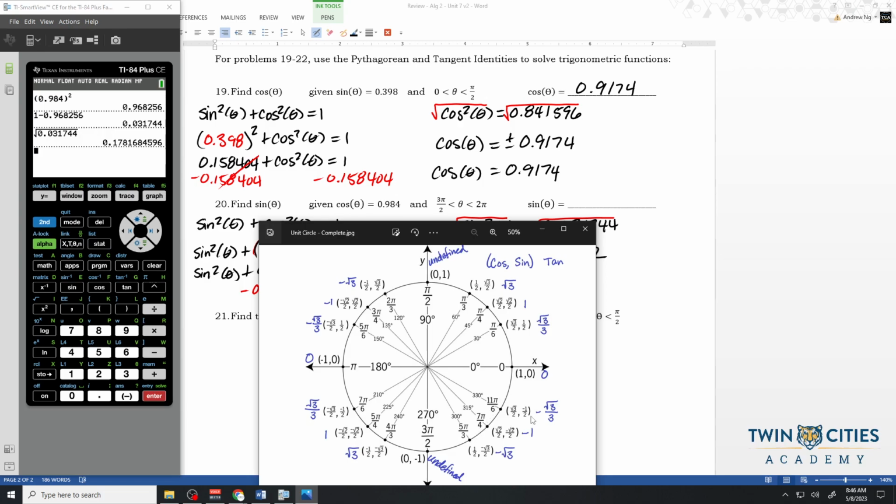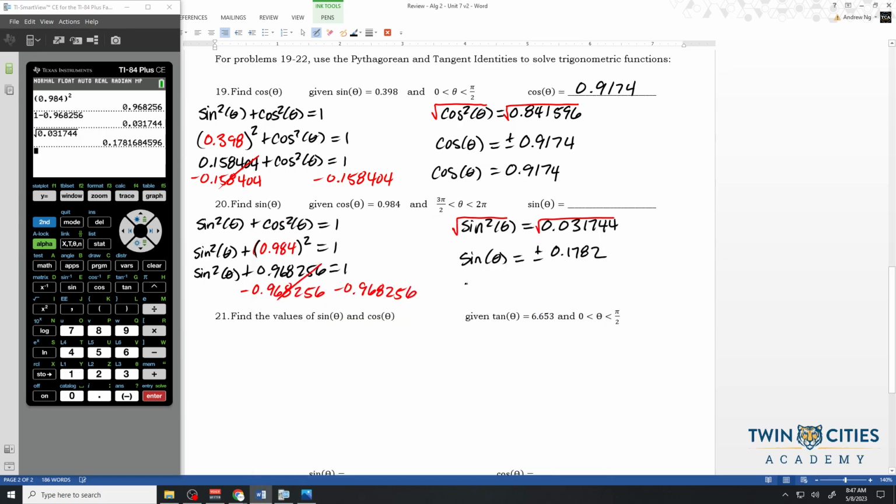These are the y values. The y values for these are negative square root of 3 over 2, negative square root of 2 over 2, and negative 1/2. This tells me that while I don't know the actual angle, theta, I can say the sine of theta must be negative. So the sine of theta is negative 0.1782.